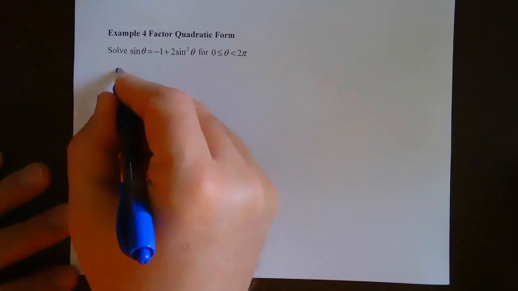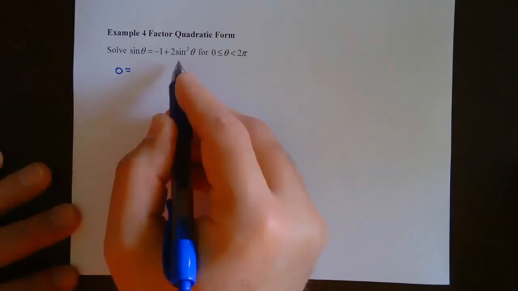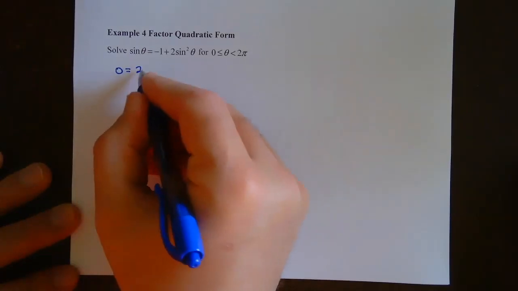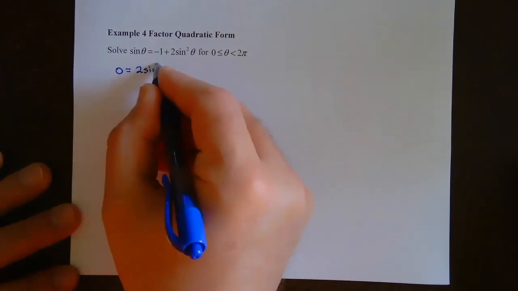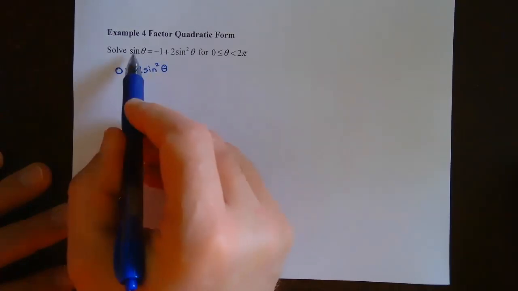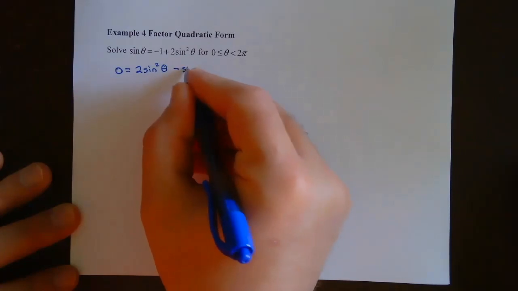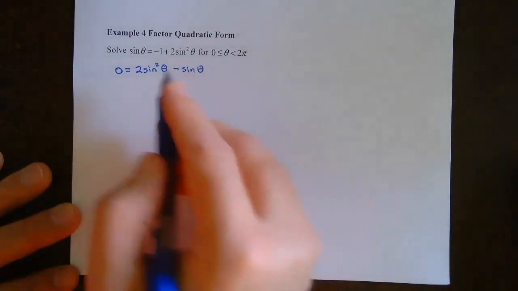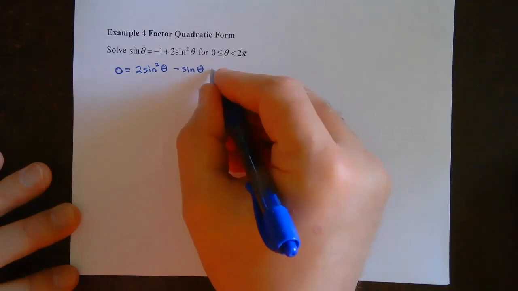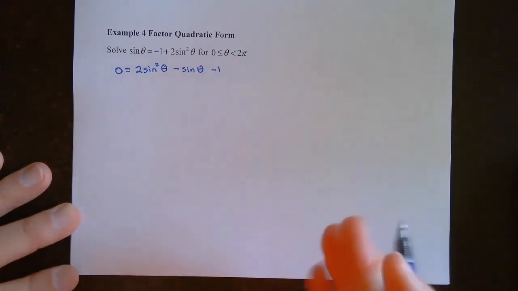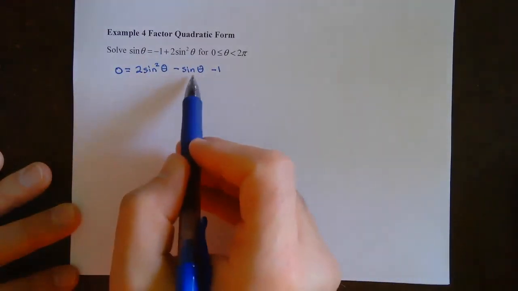So this is going to be 0 is equal to, and I'm going to write the squared term first, so 2 sine squared theta. Moving the sine theta over, I'm going to have to subtract, so it's going to be minus sine theta. And this negative 1 is still on the right-hand side, so it's going to be minus 1. So you can see the quadratic. This is like 2x squared minus x minus 1.